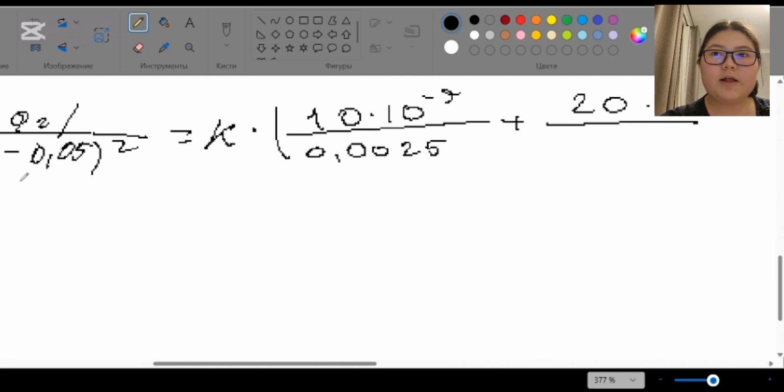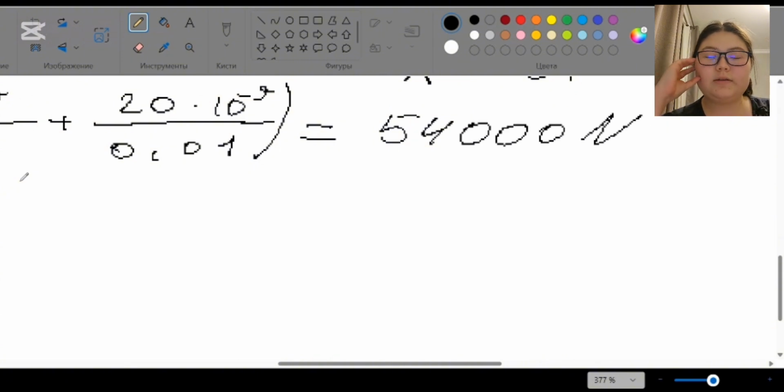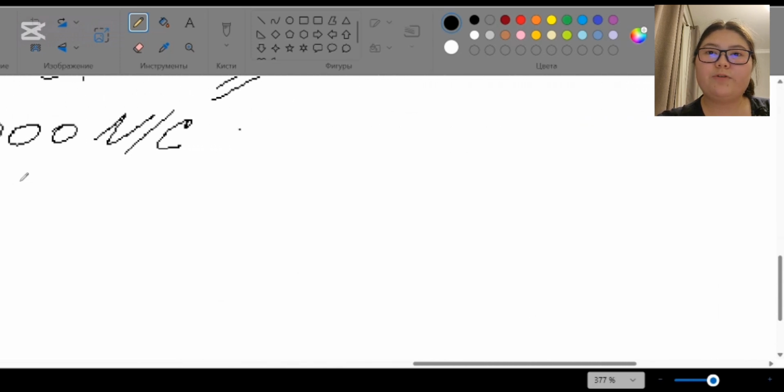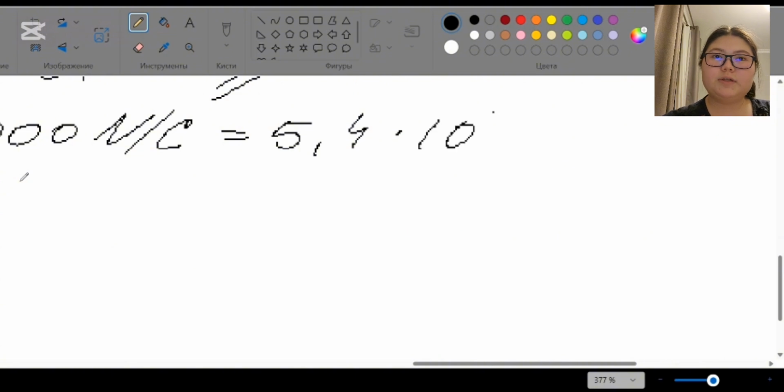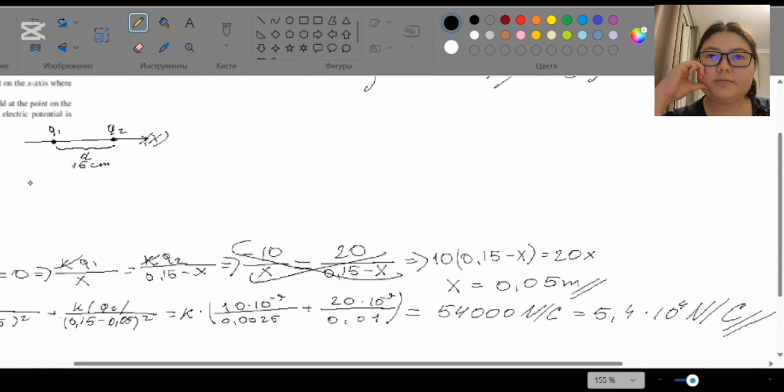And our second value is 20 nanocoulomb divided by 0.01. Now let's calculate this. It's going to be 54,000 newtons per coulomb, which is equal to 5.4 multiplied by 10 to the power of 4 newtons per coulomb. This is our second answer. Now let's write it down.